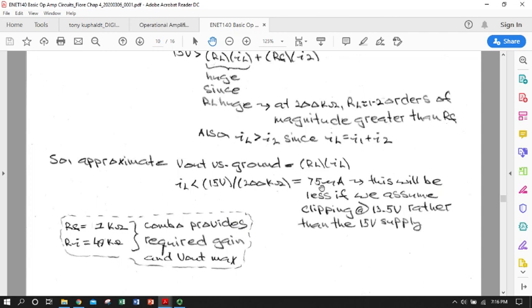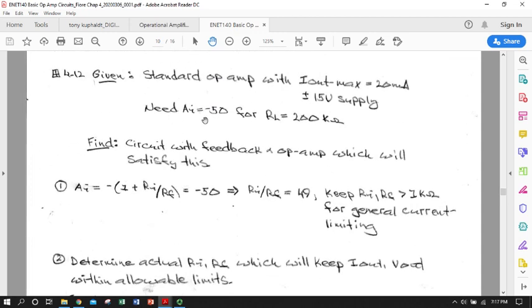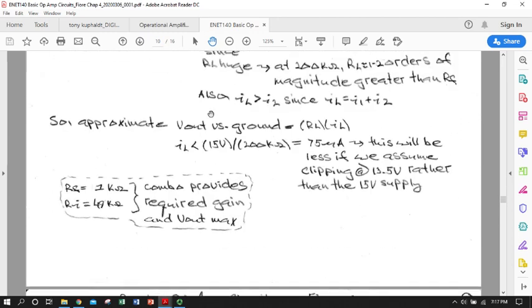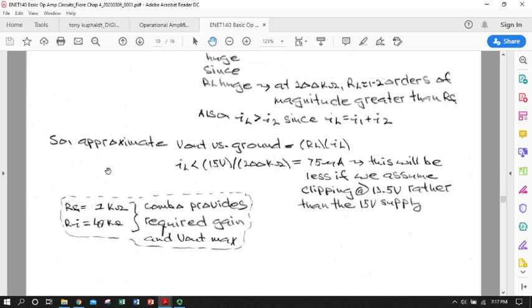If you wanted to know what input current you could use, you would go back through your gain expression, and that would limit that. So we've pretty much come as far as we can with an op-amp design in this case, just by defining your current limit that you can use.